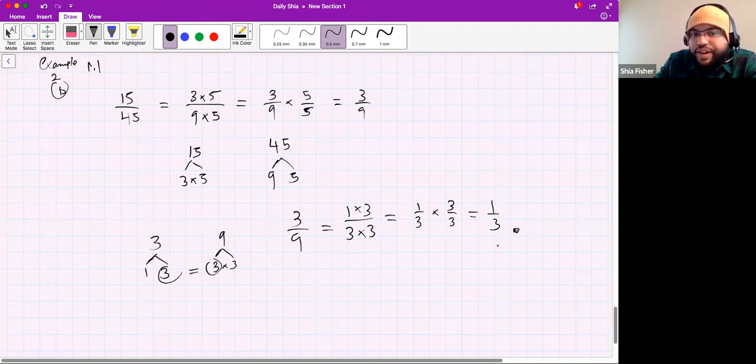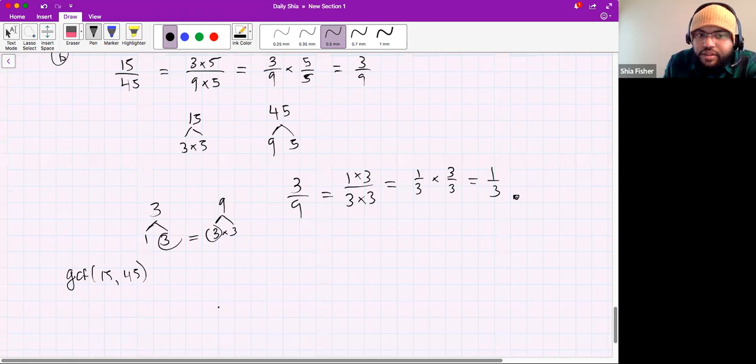But was there a faster way? Yeah, I think there's a faster way. We really wanted to know the GCF of 15 and 45. Maybe we would have considered 1 and 15 from the very beginning, because as it turns out, 45 has 15 as well.